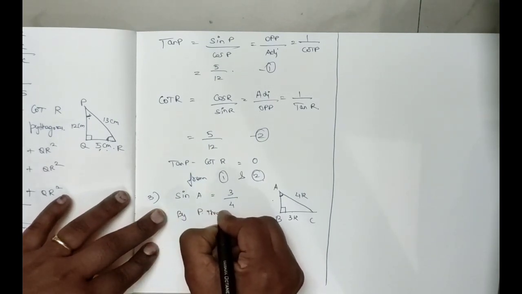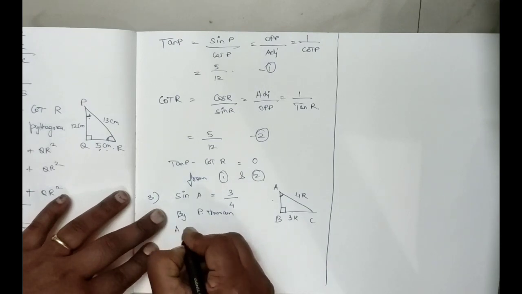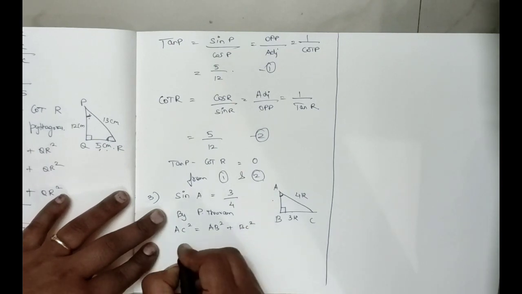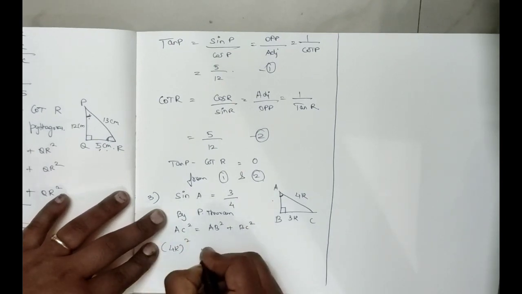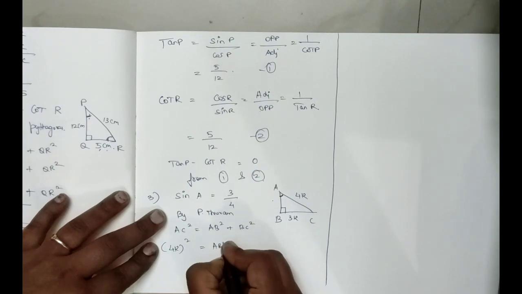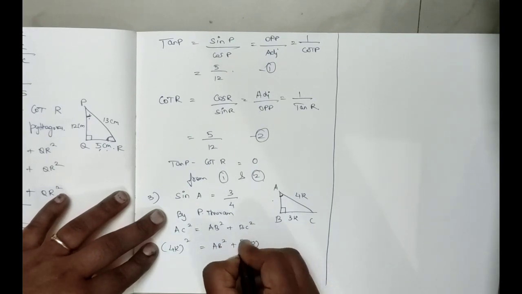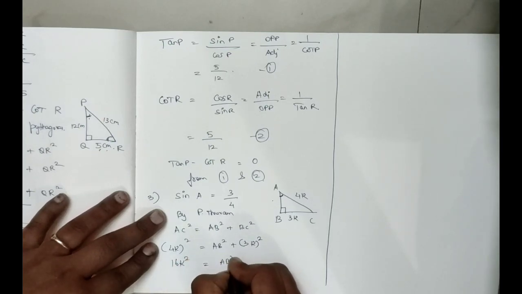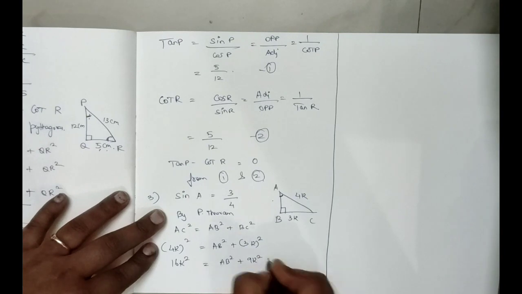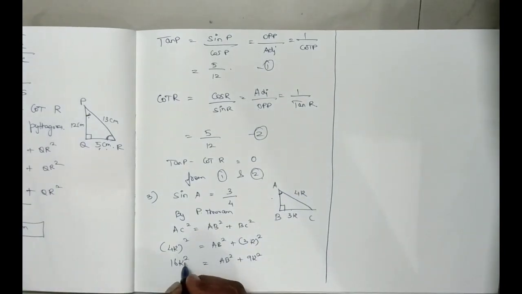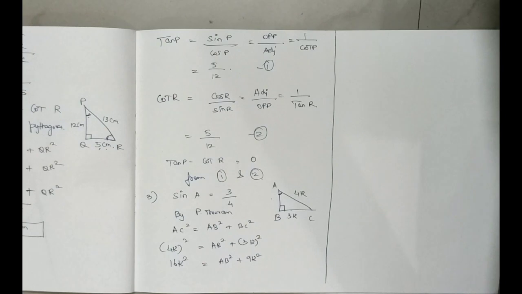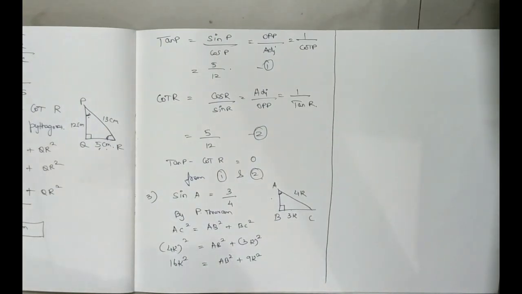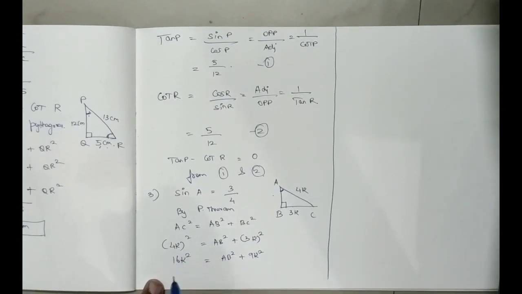By Pythagoras theorem, AC square is equal to AB square plus BC square. So 4k the whole square is equal to AB square, we do not know and we have to find it out, plus 3k the whole square. Which is 16k square equals AB square plus 9k square. Here we keep it as square because we do not know what the integer is. So we cannot cancel this square and we are keeping it as it is, and we are only solving this number.